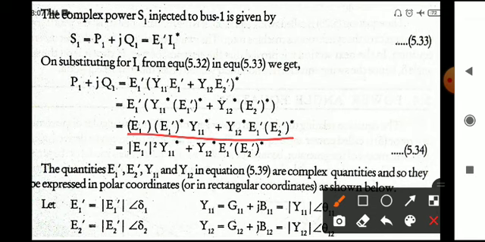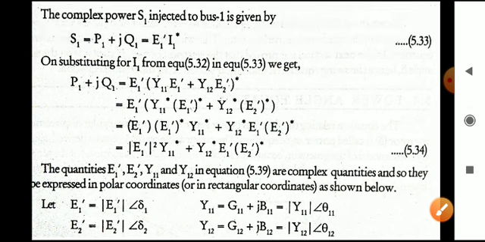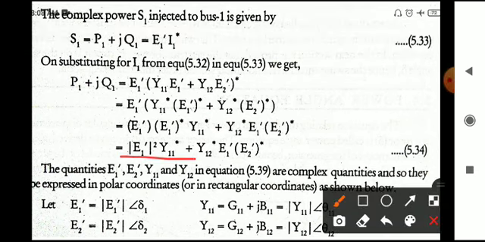We are only considering the magnitude terms here for E1', so we can simply write P1 plus jQ1 is equal to |E1'| square into Y11 conjugate plus Y12 conjugate into E1' into E2' conjugate. Nothing more, we have just rearranged the above equation.